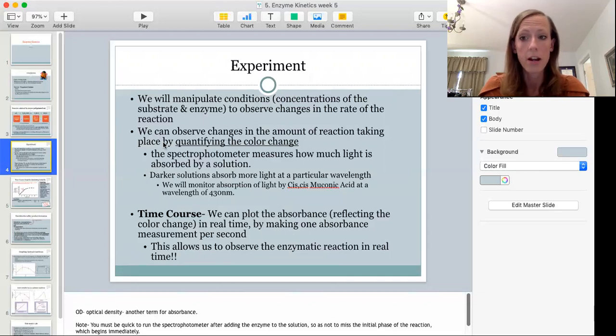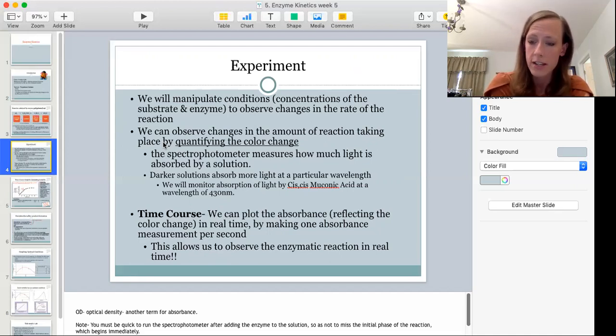So the thing that I wanted to keep in mind from our last slide, which is coming up again here, is that this reaction can be monitored relatively easily because of the characteristic of the product being a different color from the substrate. So our cis-muconic acid, the product, is a brownish color, right? We already know how to quantify color change, right? We've done this several times in the lab.